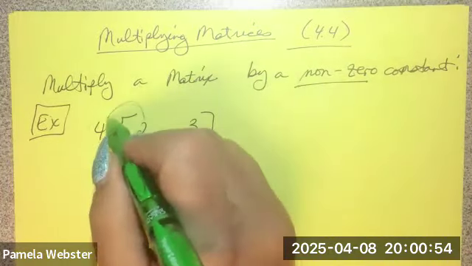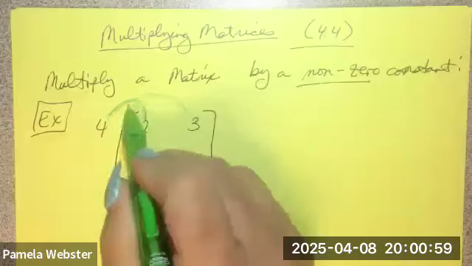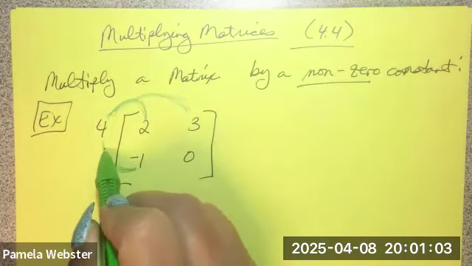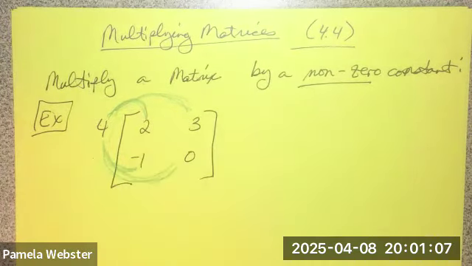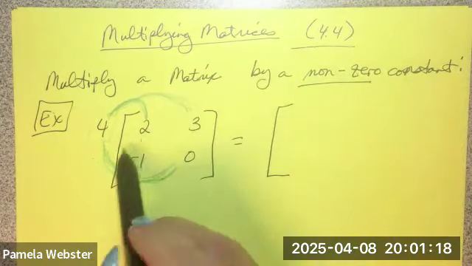So when I see it like this, it means the 4 is multiplied by the entire matrix. So I'm going to distribute it to the 2, I'm going to distribute it to the 3, but I'm also going to distribute it to the -1, and I'm also going to distribute it to the 0, right? Each of those terms is going to get multiplied by that 4.